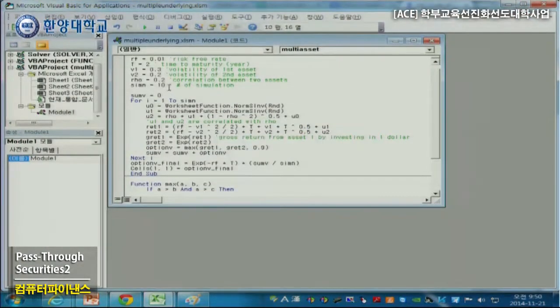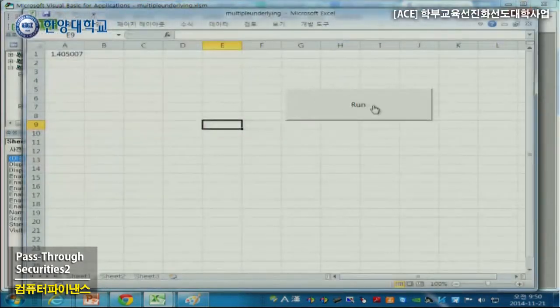But then it is just 10 simulations, so I can do this 100,000 times. It will take time, but then I have a much more accurate value. Let me do it again. So it doesn't change much, right? Because I do 100,000 times.